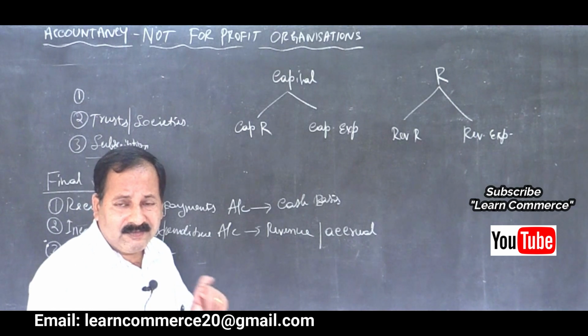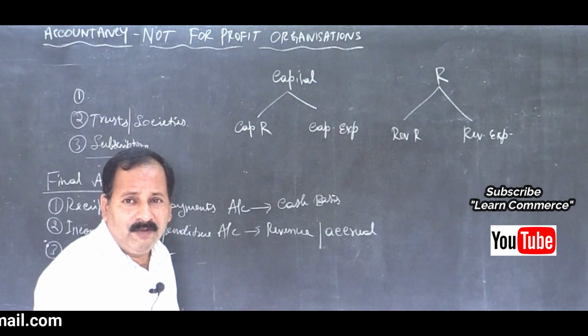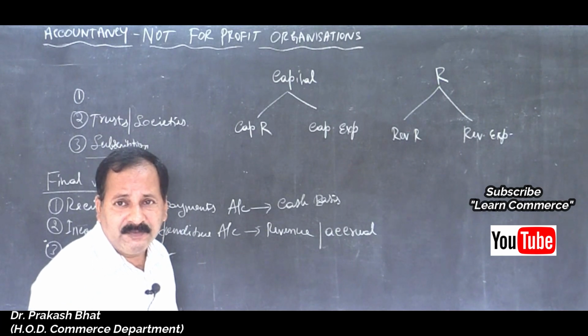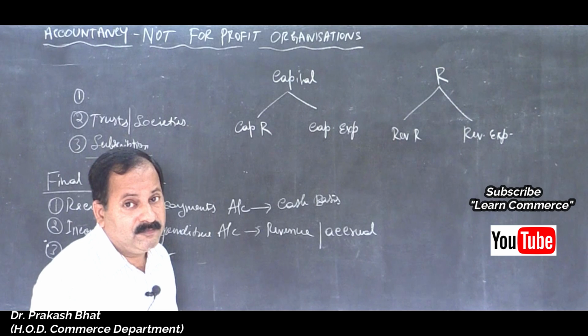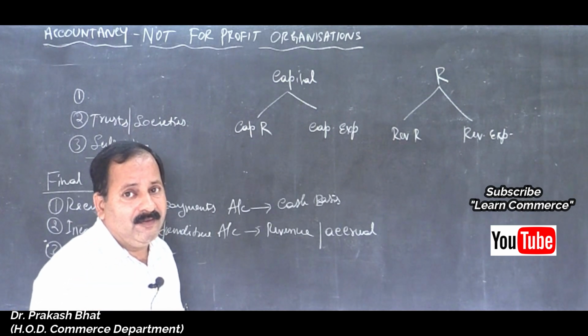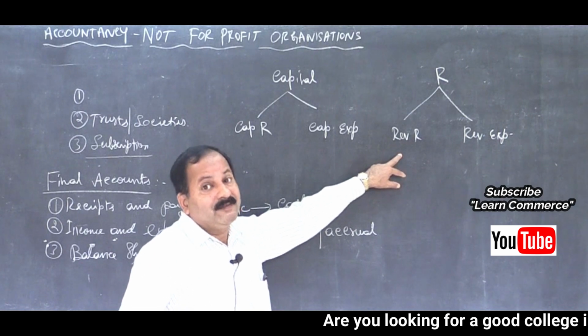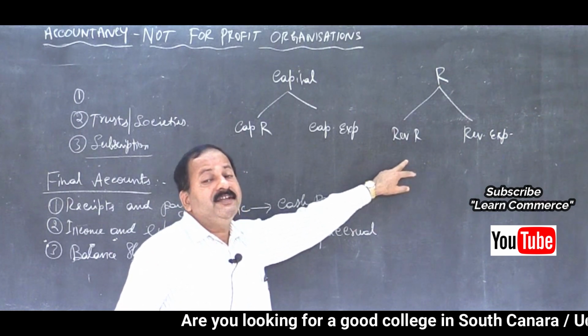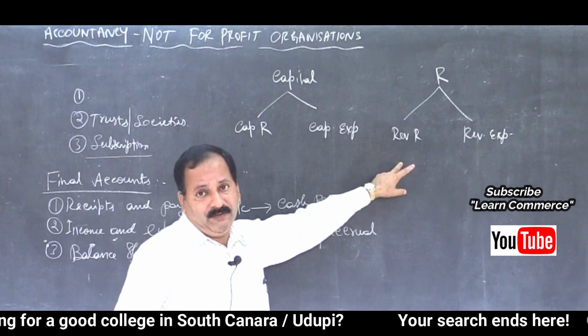But if you do the same work in a not-for-profit organization, you may be given maybe 2,000 or 3,000 or 5,000 rupees. That is called honorarium. And every month it should be given, like salary, isn't it? It is revenue. So it is revenue which gives short-term benefit to the business concern.